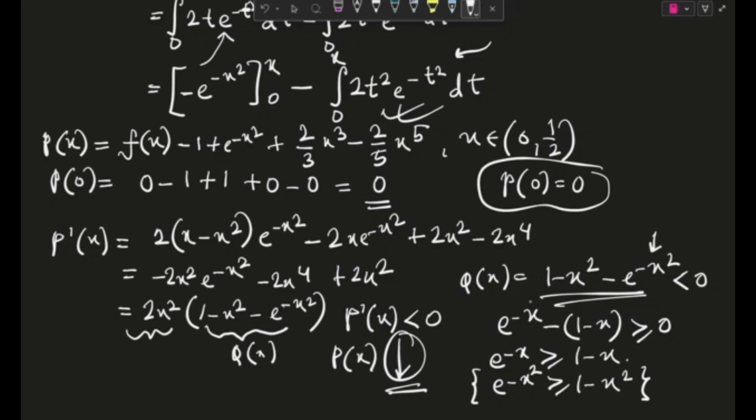So we have arrived at a good amount of evidence after solving this so much. Because p of x is decreasing, we can say that 1 minus p of x will be less than 0 for all x belonging to 0 to half.